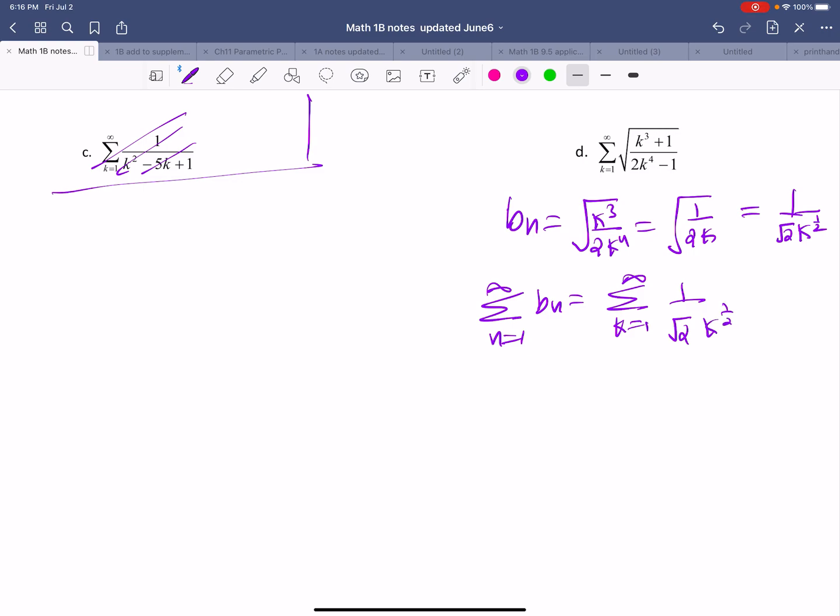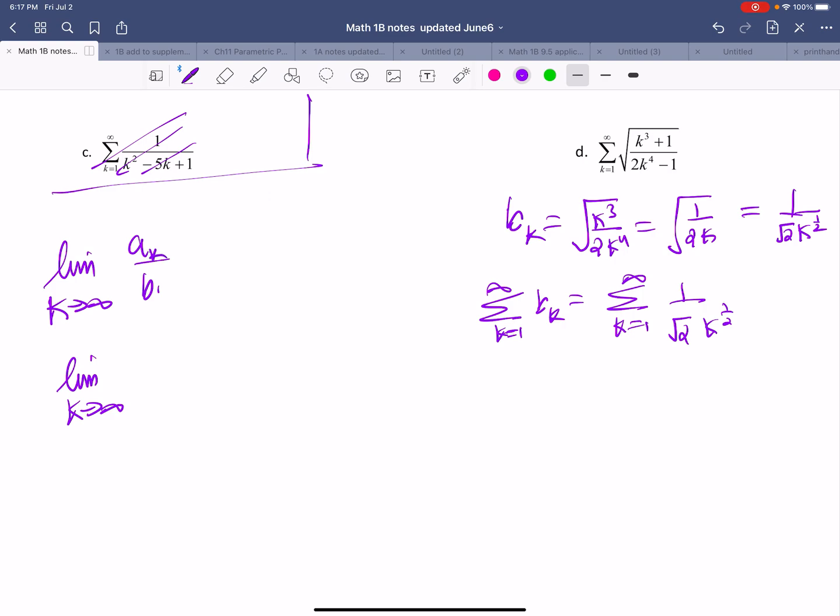So let's use the limit comparison test. The limit as k goes to infinity of ak over bk. Maybe I should call it ak and bk because the variable is k in this case, with k equal to 1 to infinity.